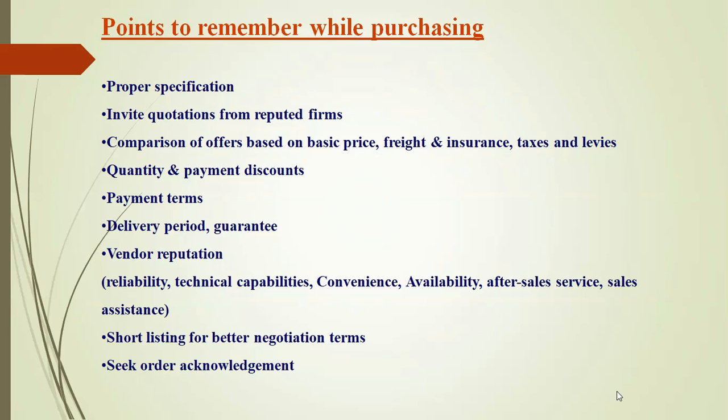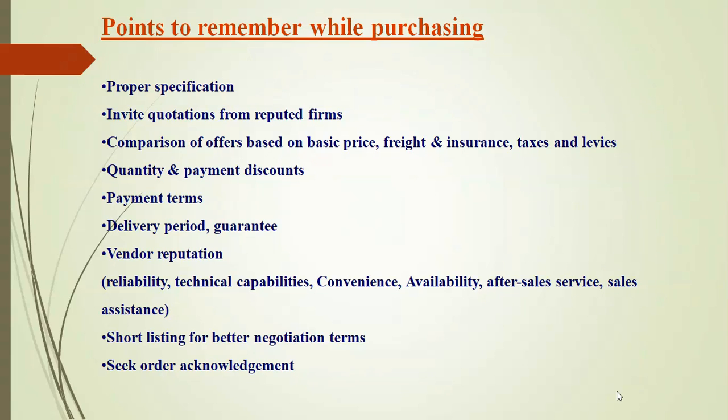Now, points to remember while purchasing. While purchasing anything on a big scale or small scale, we must understand the following points. Number one, proper specification has to be seen. What are our requirements? For example, I want to buy a computer for video making and graphics design, so I must see the specification: what kind of graphics card is available, what is the RAM, what is the hard disk, etc. Then invite quotations from reputed firms, not from local agencies.